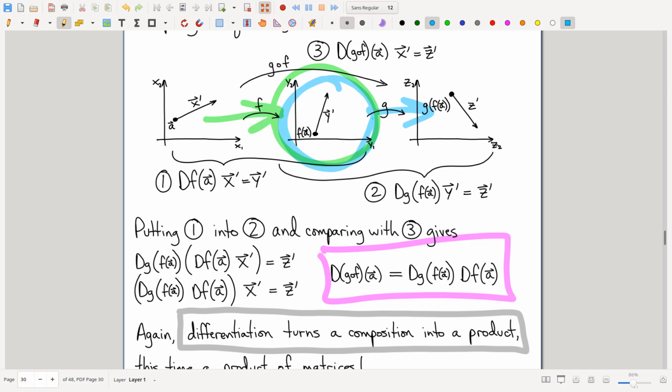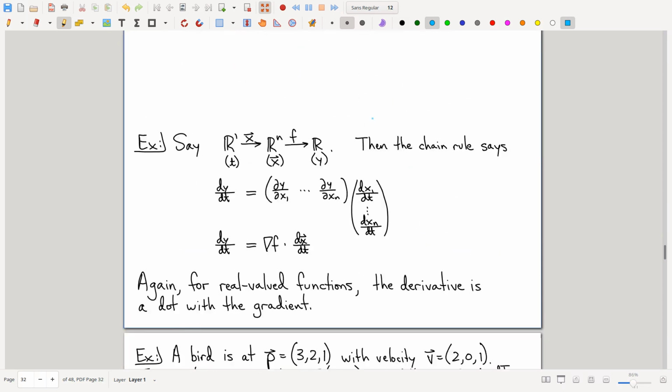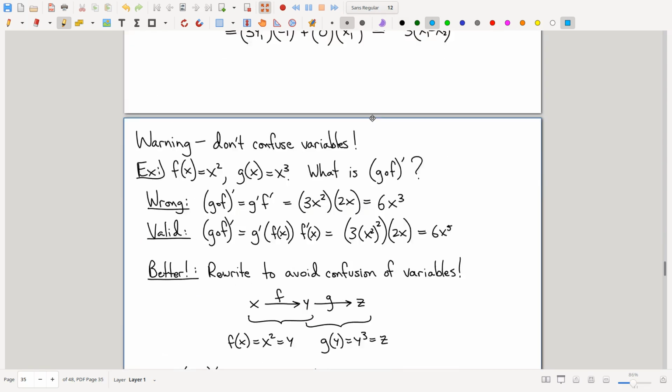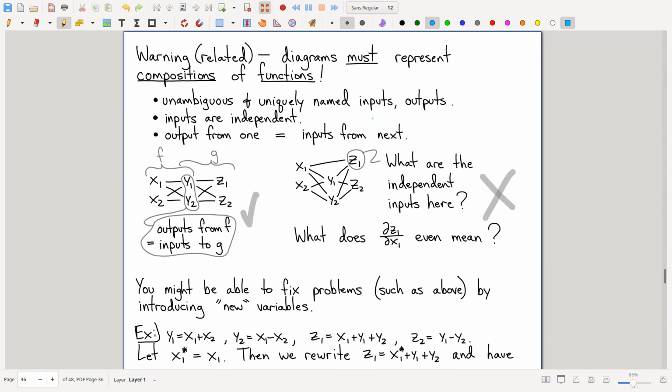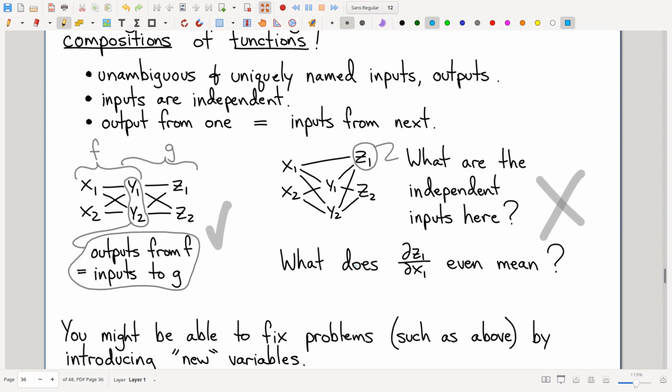So if you're going to apply the chain rule as we understand it, you have to have things set up as literally a composition of multivariable functions. And that's just not the case in this nonsense that I wrote down here. I can't break this up as a composition.